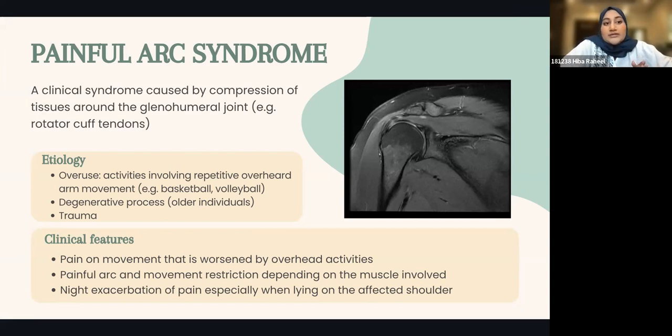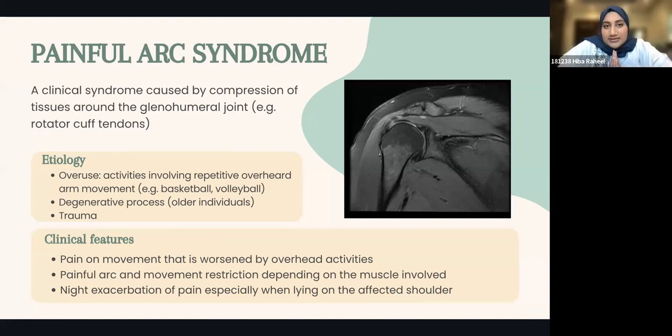Okay, so the painful arc syndrome is not necessarily caused by one muscle. I know that there is a confusion with this, right? It's not just one muscle that causes it. It's when the rotator cuff tendons become inflamed or damaged, or anything that involves the rotator cuff, it will lead to the inability of the movement of the arm.